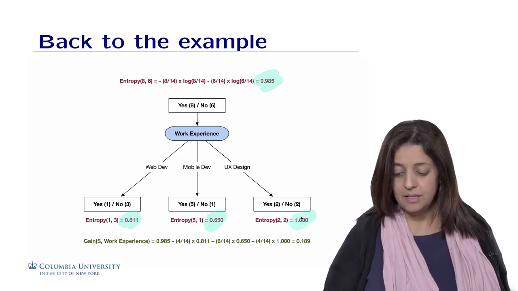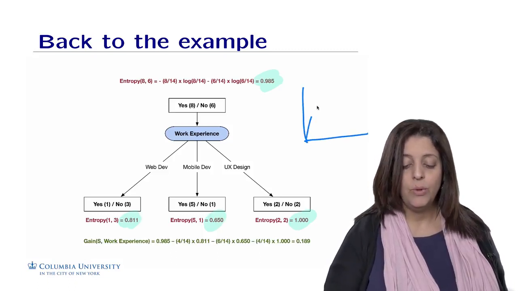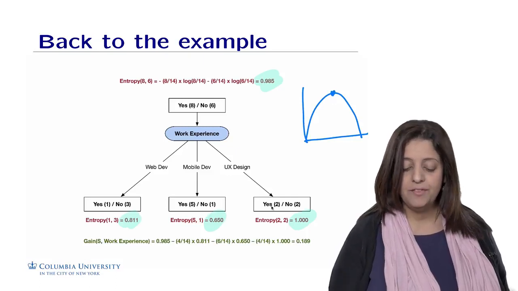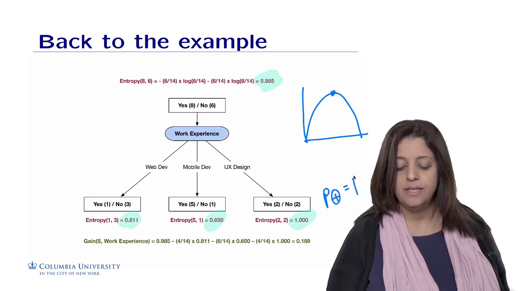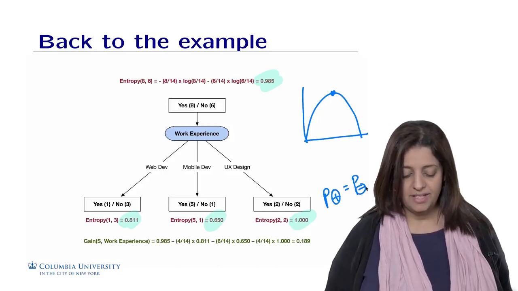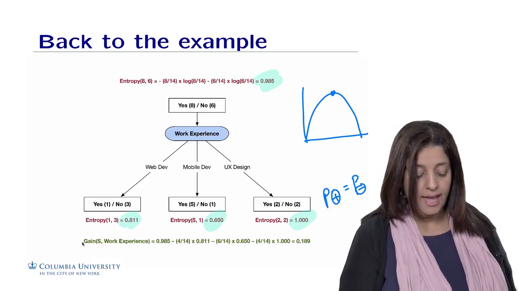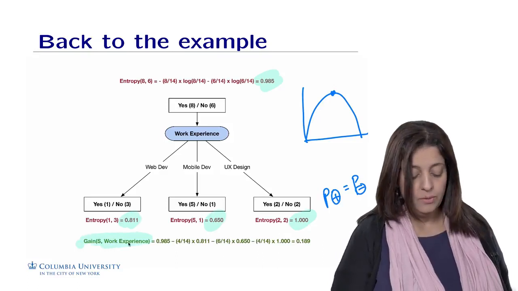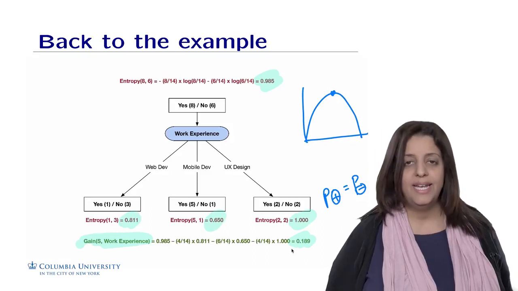In the node on the right we are at the maximum of the entropy value. Why? Because we have 2 positive and 2 negative, which means that our proportion of positive is equal to our proportion of negative examples. Likewise, we calculate the gain at the root level for work experience, which in this case is 0.189.